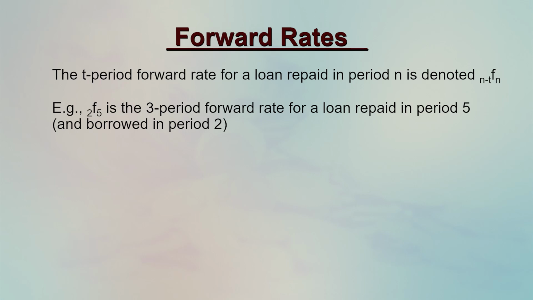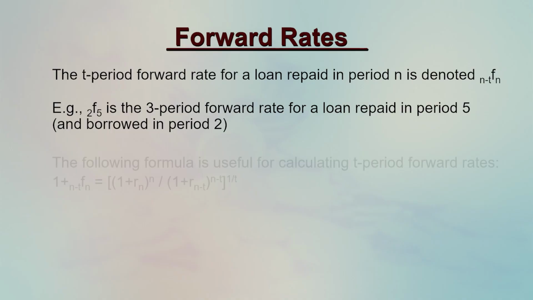So if we write 2f5, which means a 3 period forward rate for a period of 5 borrowed in the period 2. So the 2 placed before f is when the loan is being raised, that is in the second year, and it will be repaid within the 5th year, that is, the total is a maturity of a 5 period loan, and that is how the forward rate will come in.